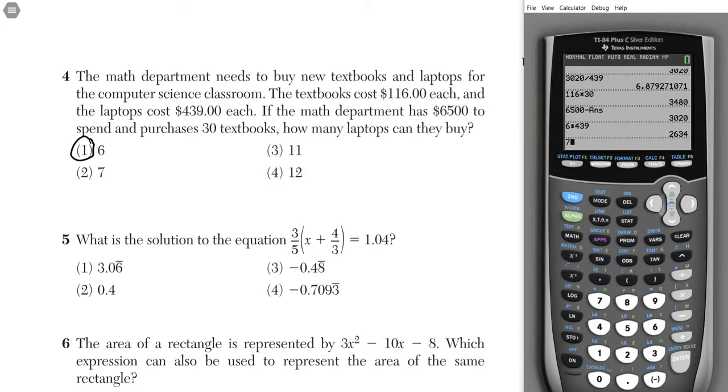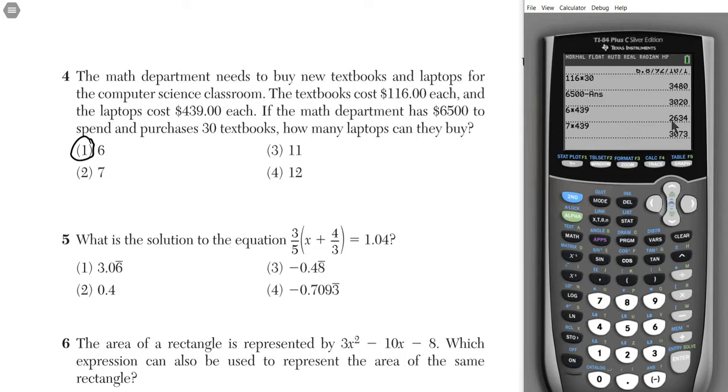Could they have bought 7? 7 times 439 would be 30.73. That would be too much. They only had 30.20 left, right? After buying the textbooks, they only had 30.20 left. So they could buy 6, but 7 is going to be too much. Okay, next.